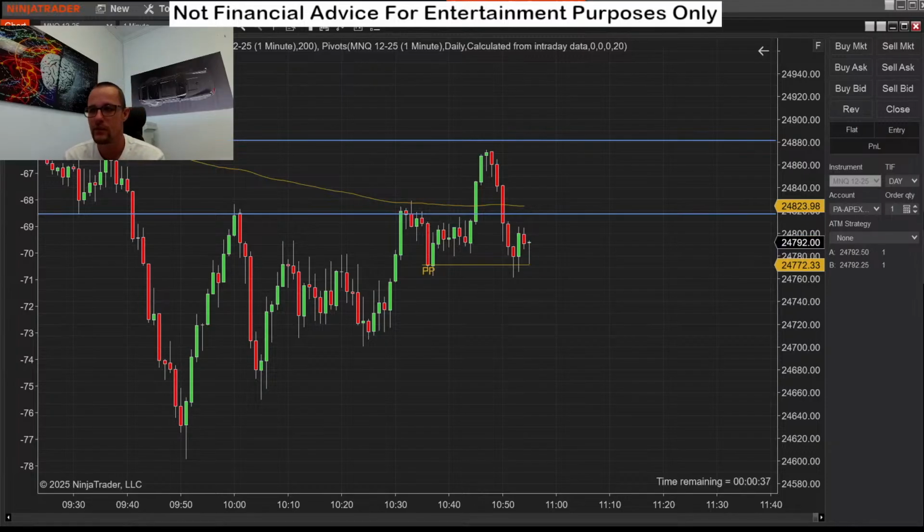In my opinion, all you need is one good high probability setup that you look for. You don't need to be taking 5-10 trades a day. Stop trying to trade every single move up and down. Figure out a strategy, back test it, figure out the profitability. If it's profitable, forward test it, and keep it moving.